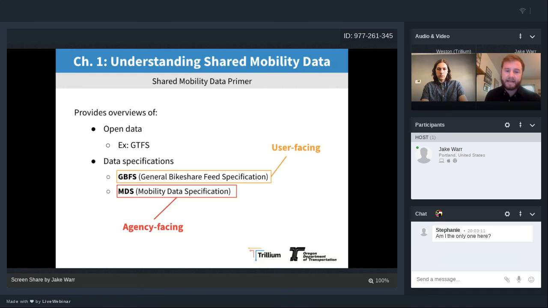MDS, on the other hand, is agency-facing. So the city or whatever entity is managing a shared mobility program, this enables them to see information about the system, a whole host of data about it that I'll give you some examples in just a sec. But it's not for public consumption.